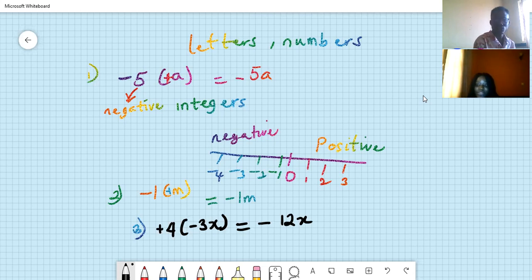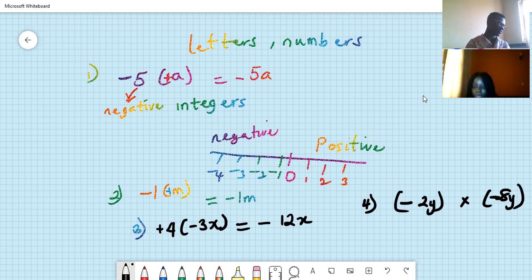Good. So we have, let's say number 4, let's say we have minus 2y into bracket times into bracket minus 8y. All right, fix this. So this is also simple.